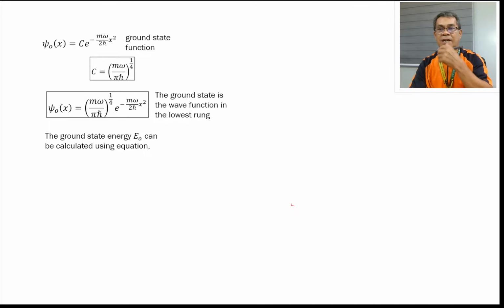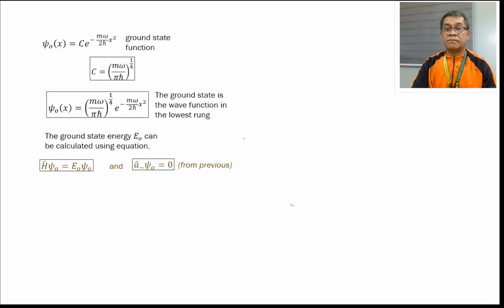Now, what about the ground state energy? The ground state energy can be calculated, of course, because we already know that. From the previous, the Hamiltonian operator in terms of the ladder operators is this.